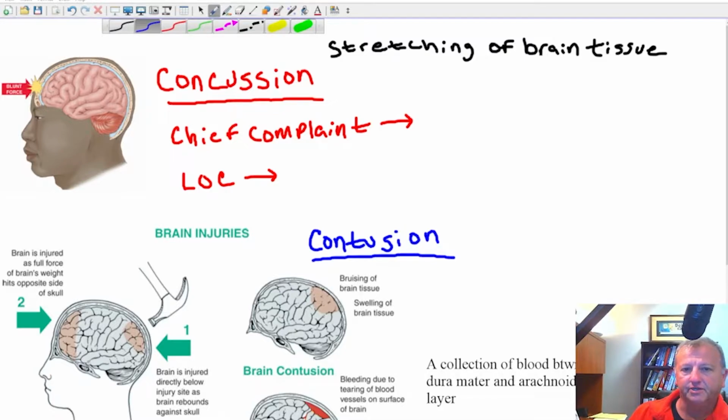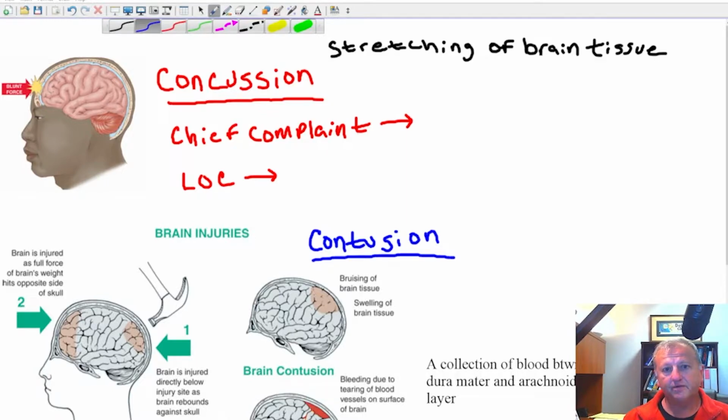So concussions. All right, concussion. What we can say about a concussion is that it is the stretching of the brain tissue.